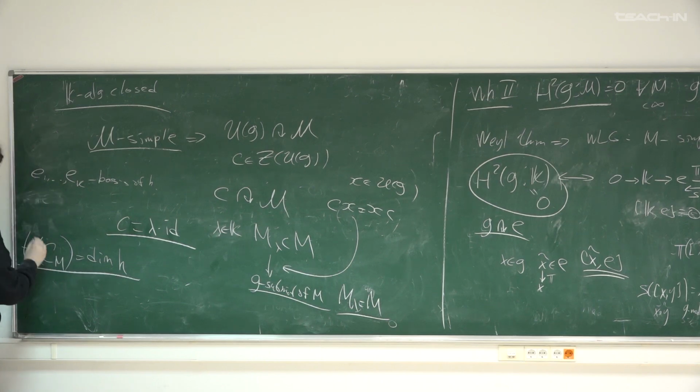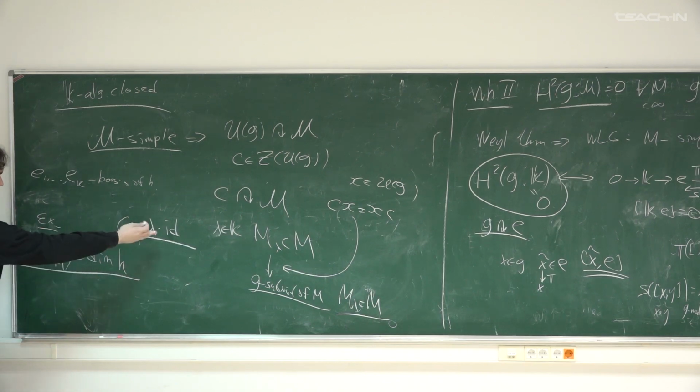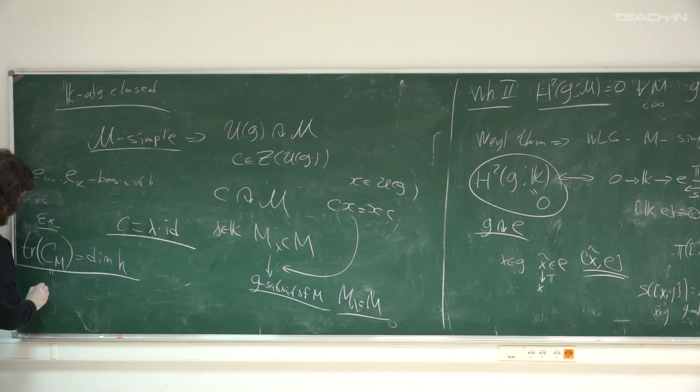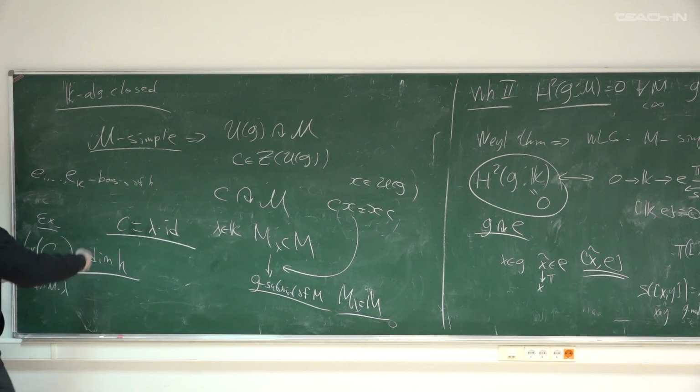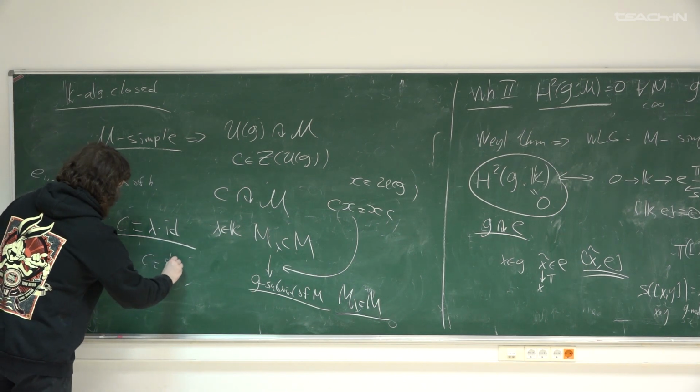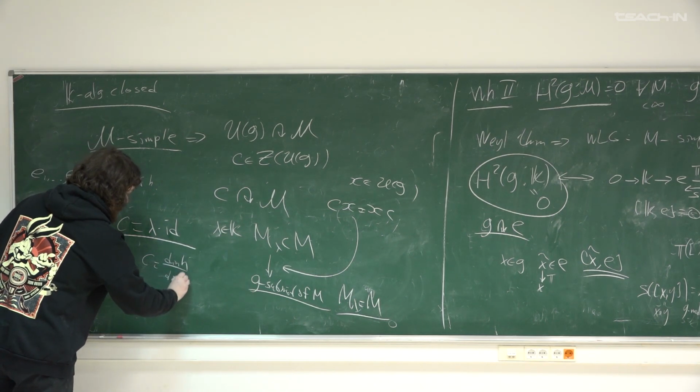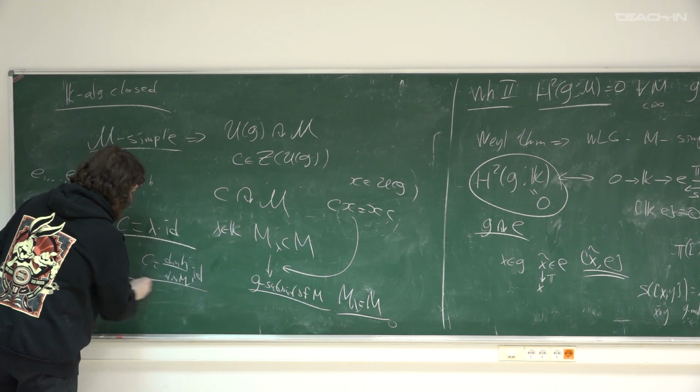It's kind of an exercise. I will say this the next time. From another side, this is lambda times identity, so the trace must be the dimension of M times lambda. And so by dividing, I obtain, as I said before, that the Casimir is just the dimension of H divided by the dimension of M times identity, a scalar thing.